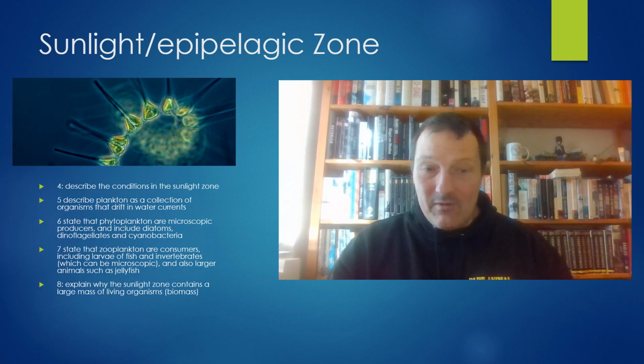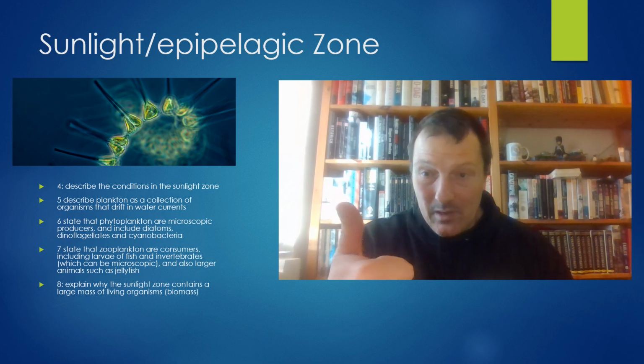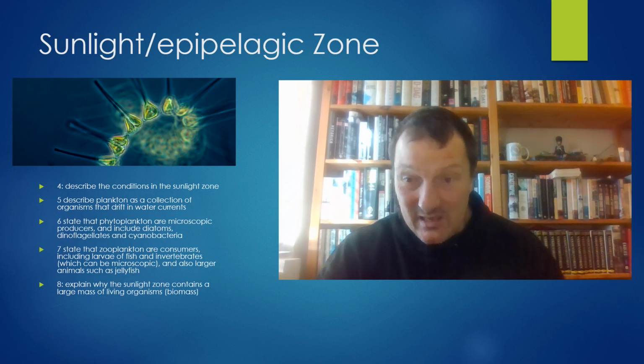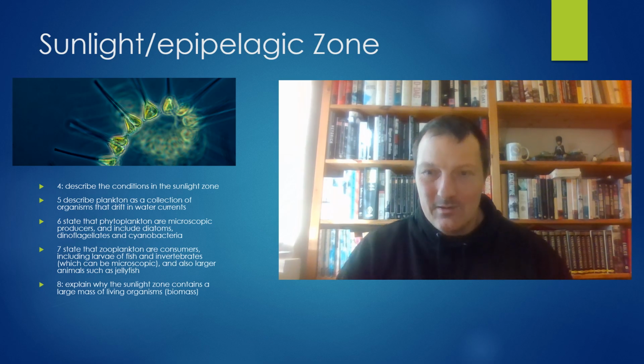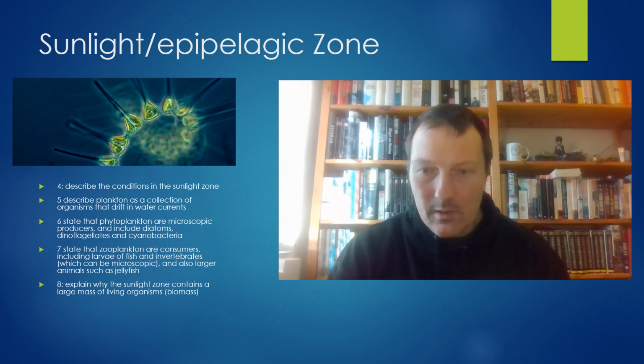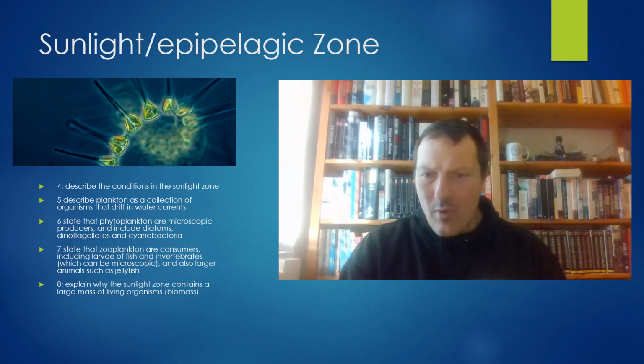When you live up here in the sunlight zone, your eyesight becomes important, your ability to see what you want to eat, but also to see and try to avoid predation. So eyesight is super important, and predators up here tend to be active.